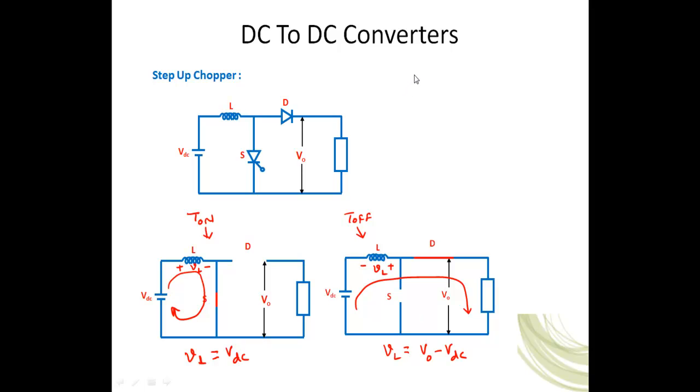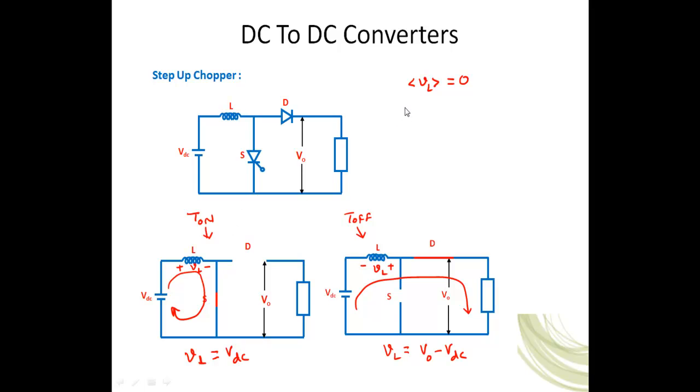As we discussed in the beginning of the class, the average voltage across the inductor for a periodic current is always 0. That's what we are using. Here the voltage is constant VDC, and here this is also constant, with time periods T on and T off. We can use that to calculate the area under this curve.